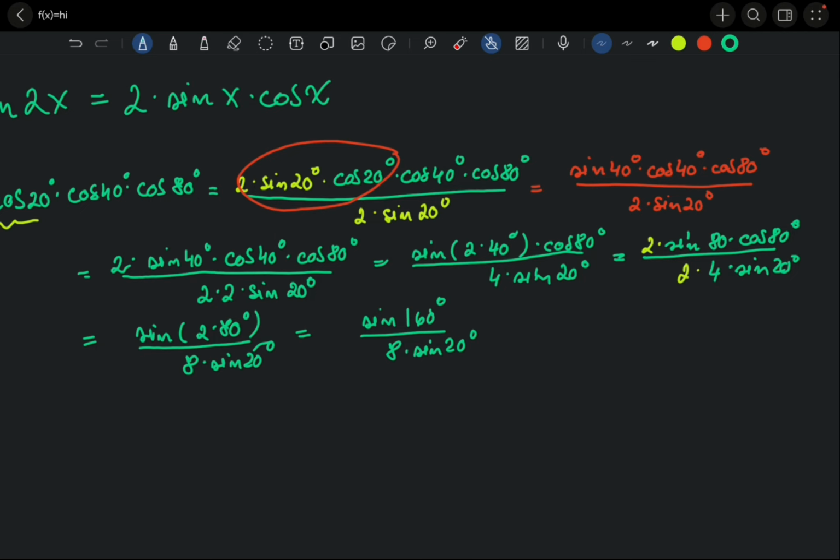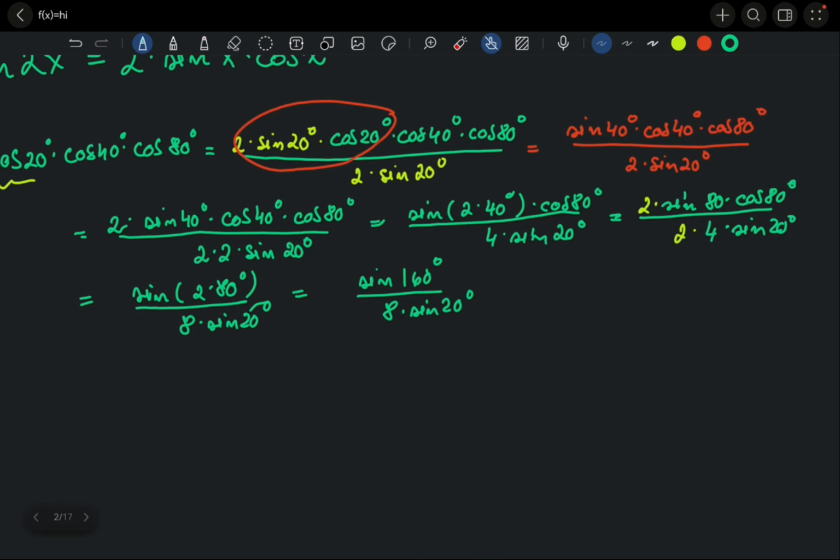Now, sine of 160 degrees is equal to sine of 180 minus 20 degrees, which is equal to sine of 20 degrees.